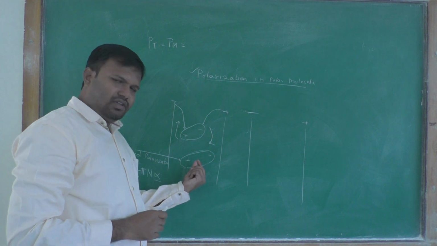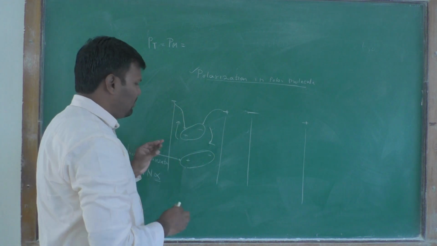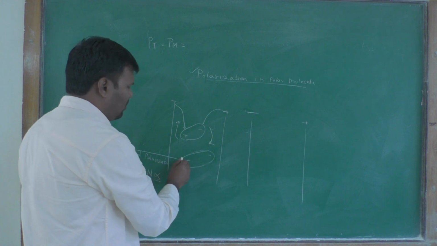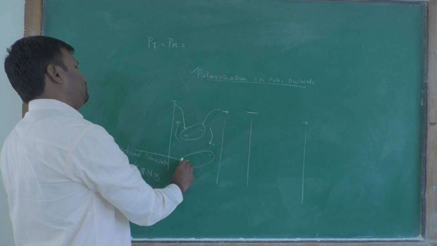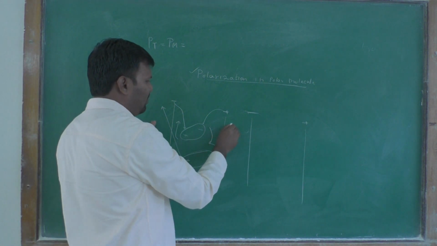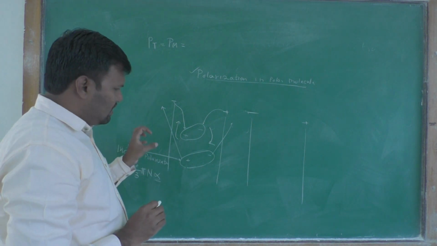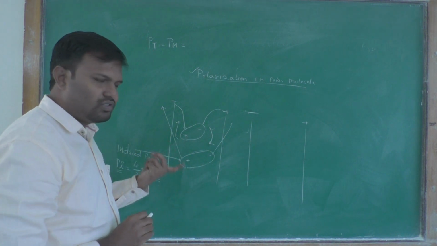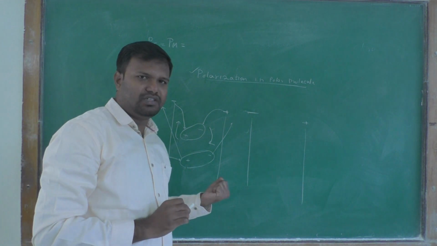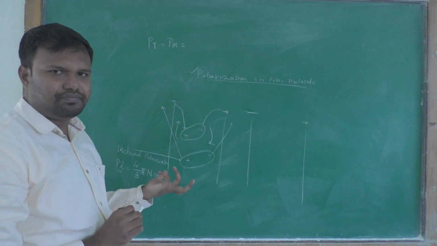First, the charges are distorted by the electric field, then the electric field tries to pull the positive end of this polar molecule towards the negative end, and the negative end towards the positive end. But this molecule has some energy, that is thermal energy, a temperature energy.